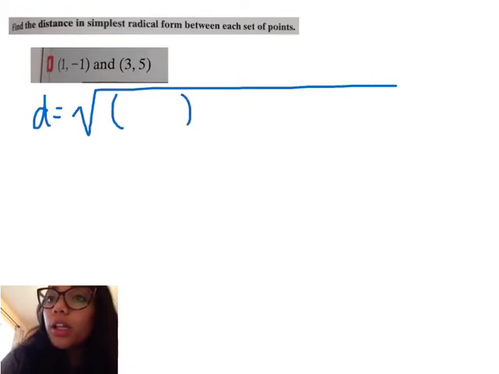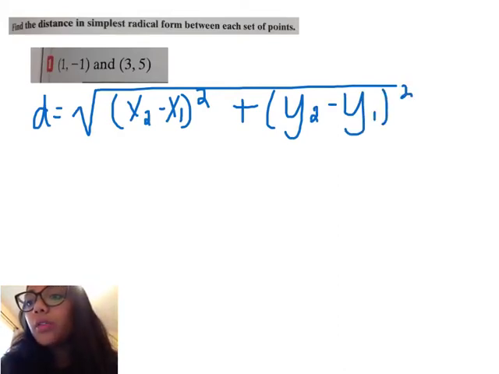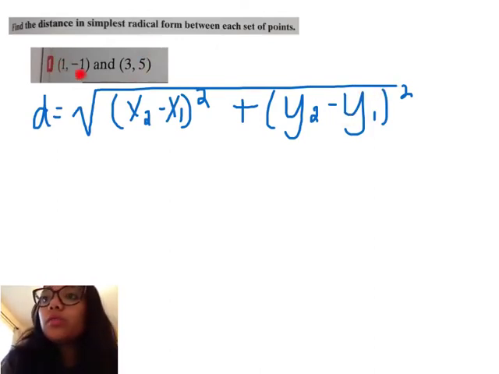The distance formula is x2 minus x1 squared plus y2 minus y1 squared. And it does matter order, so you need to know that whenever you're writing it down, x2 is right here, x1 is right here, y2 is your second y, and y1 is your first y. So let's go ahead and write it.